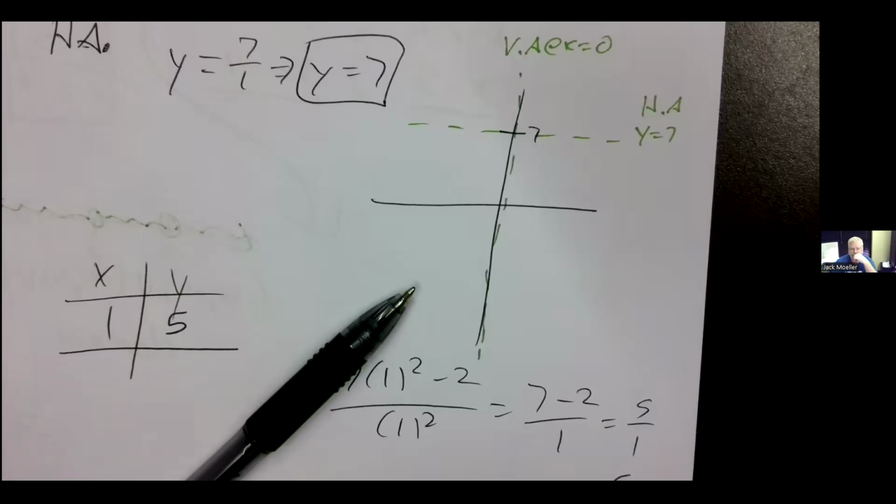Now the range. Again, we have the graph. Remember, range is low to high. So how low does this graph go? Well, it goes down forever, so it's going to start at negative infinity, and then it's going to go up. How high does it go?